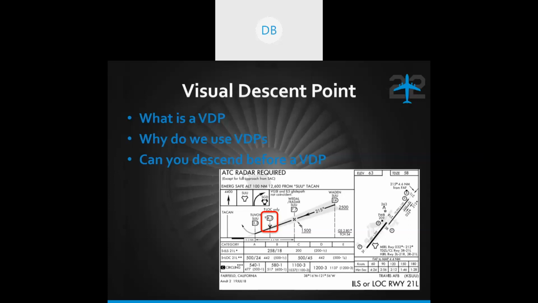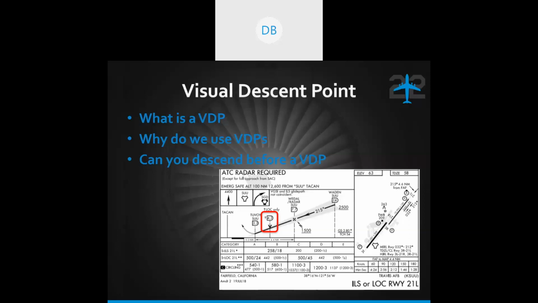The crux of how we increase our safety is being stabilized, and you'll see more efforts to push forth programs to give us better, more stabilized approaches. The VDP is pretty old, but it's one of those methods we use to put us in the best position possible to have a safe landing.